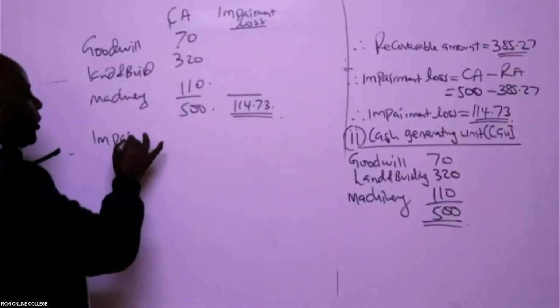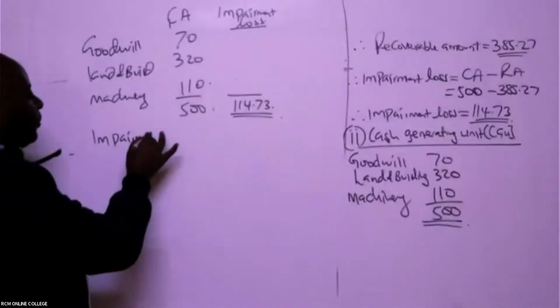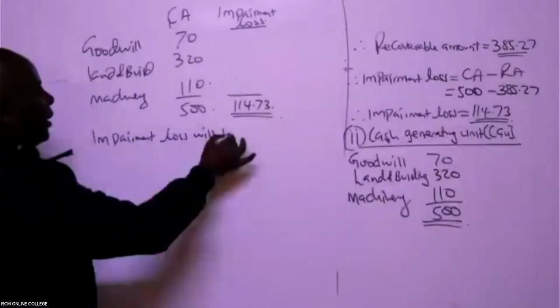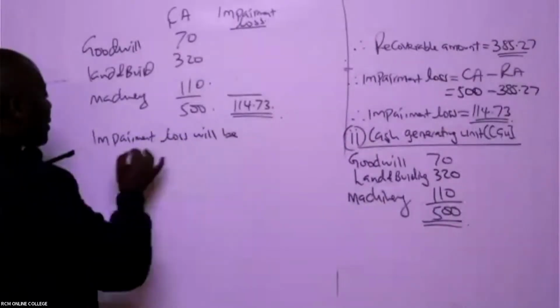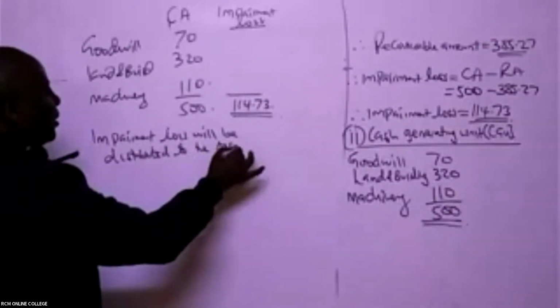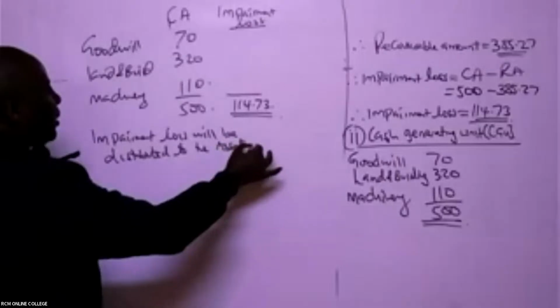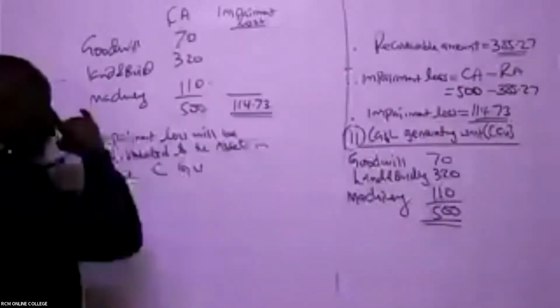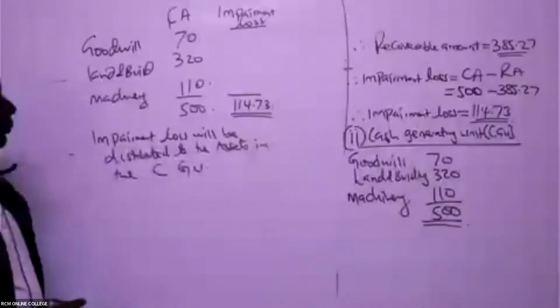So impairment loss will be distributed to the assets in the CGU, in the cash generating unit.